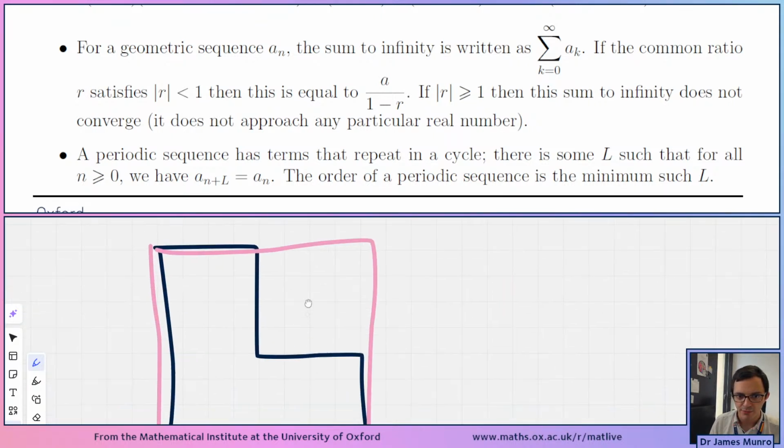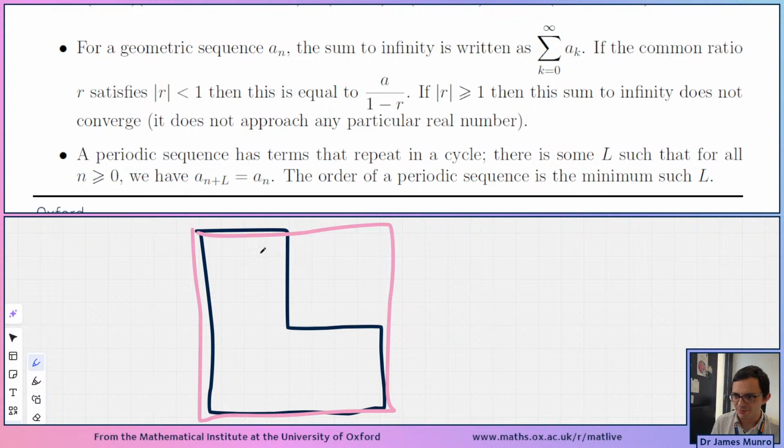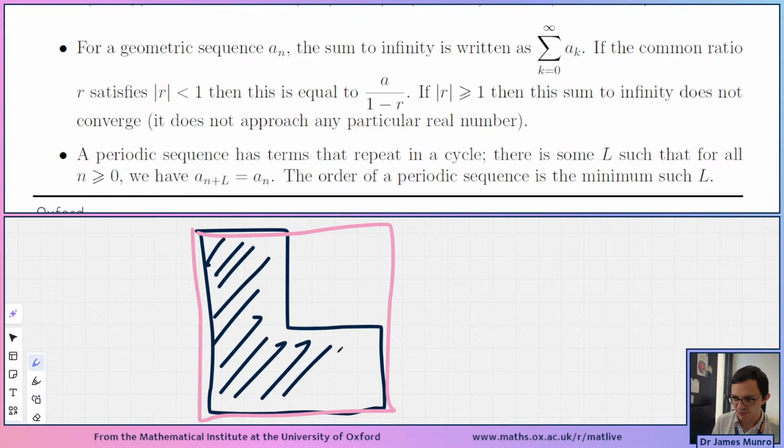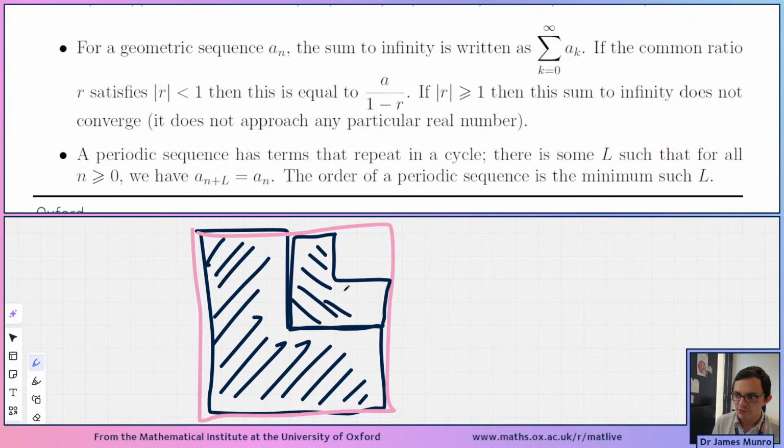So here's a square where I've marked out 3/4 of that square, and then in here there's 1/4 of the square, and I'm going to do the same thing. I'm going to mark out 3/4 of the square. So I've now got 3/4 plus 3/4 of 1/4.